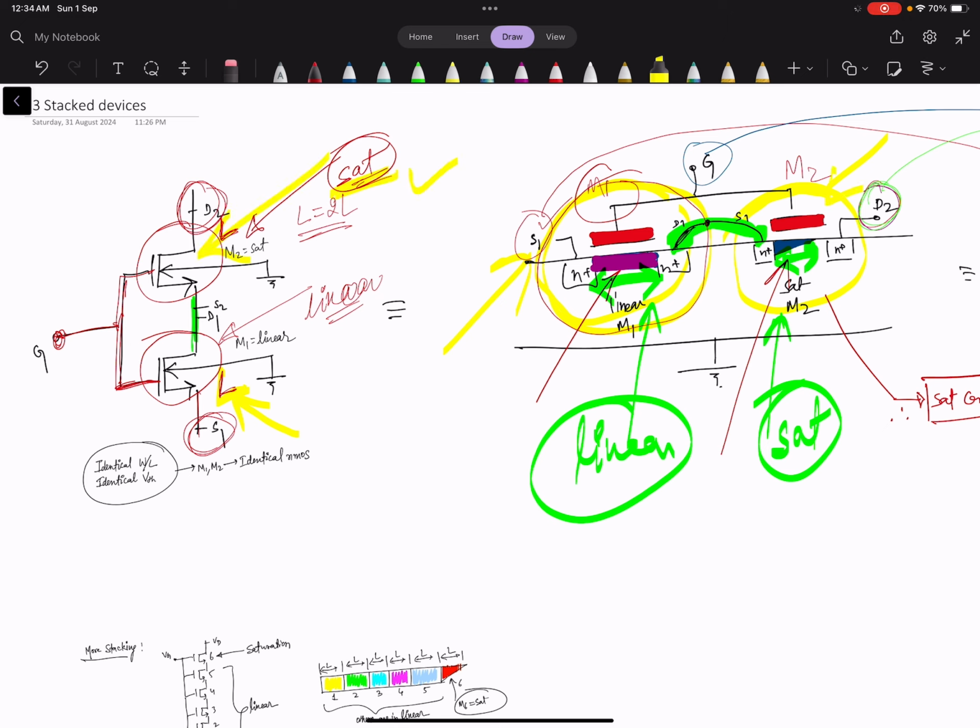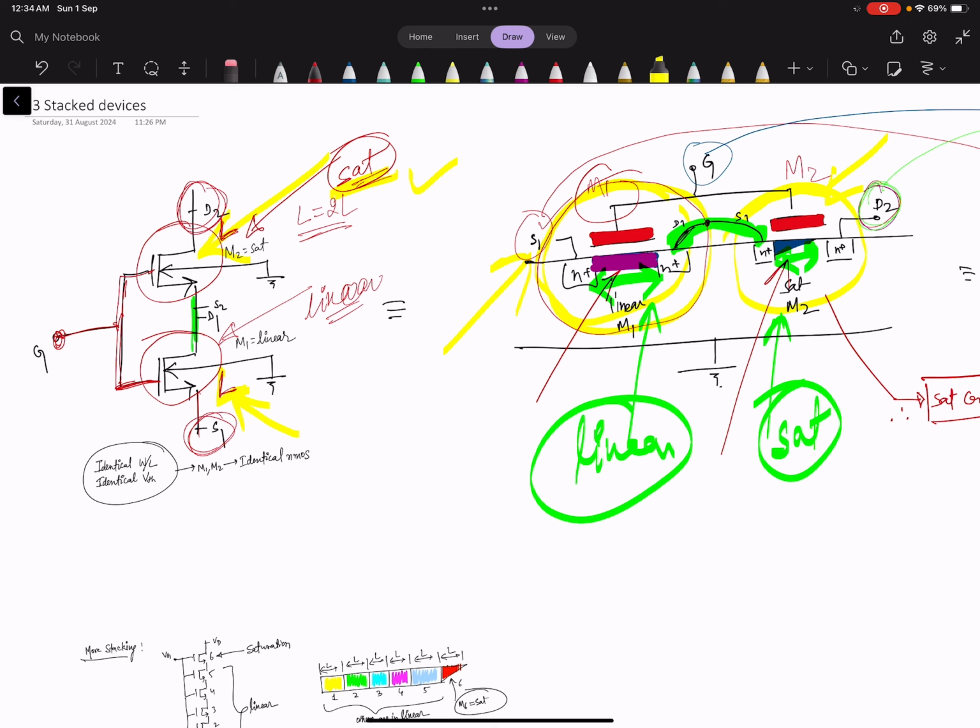So this is one intuition method, or you can say that from the device physics we can see which MOSFET is in linear and which is in saturation, based on the actual structure of the MOSFET when connected in the stack.